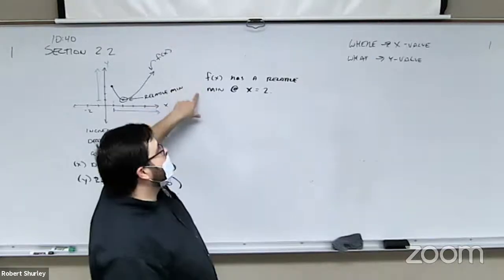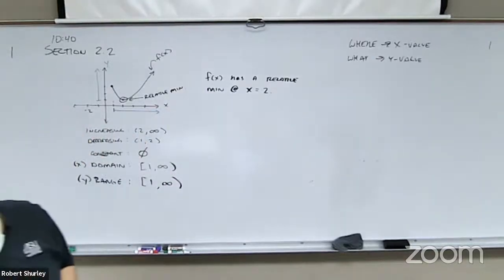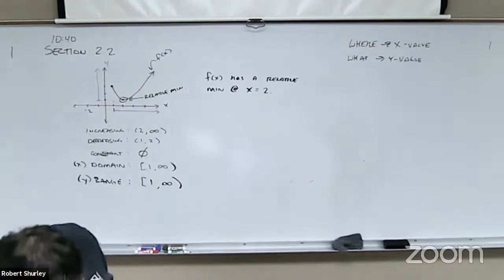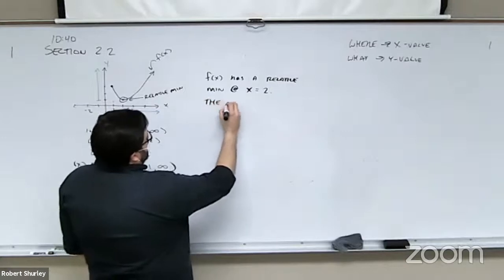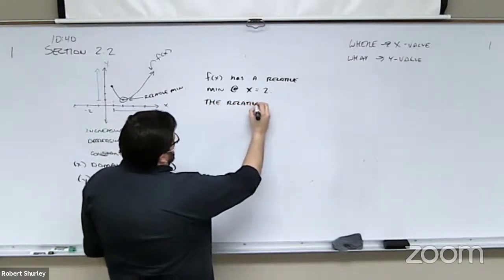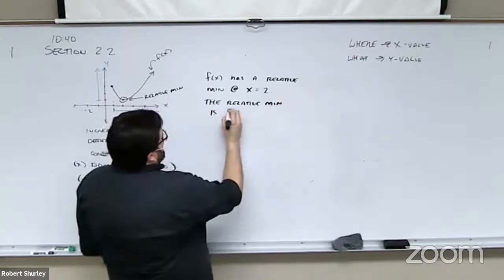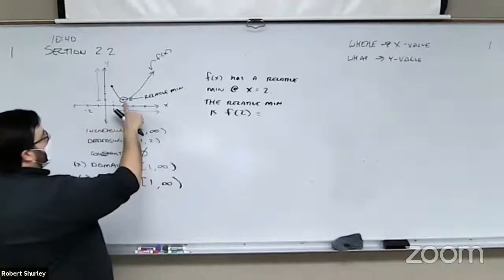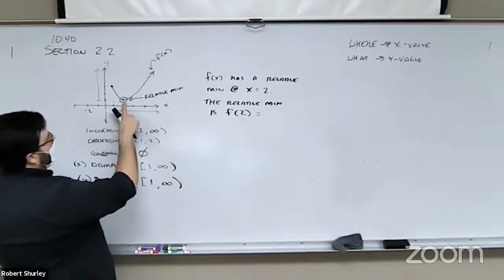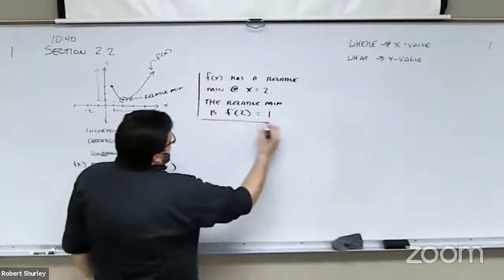F has a relative min at x equals 2. And then the relative min is, so that's the what, f of 2 equals, well, x equals 2, the y value would be 1.